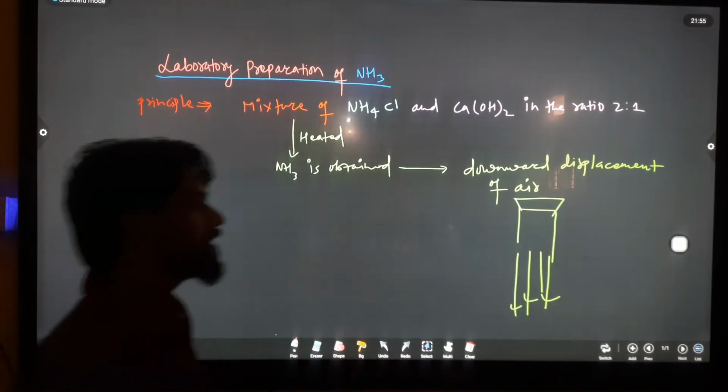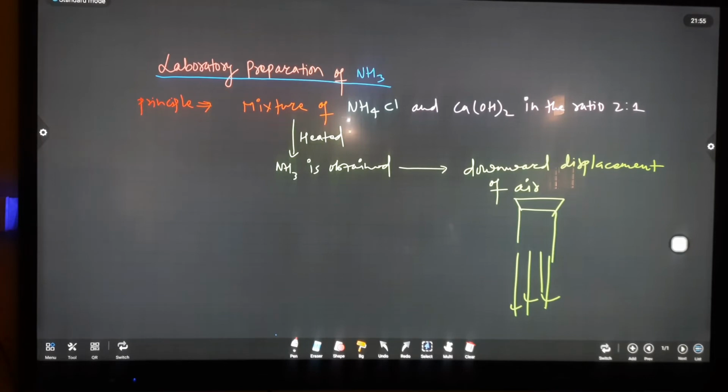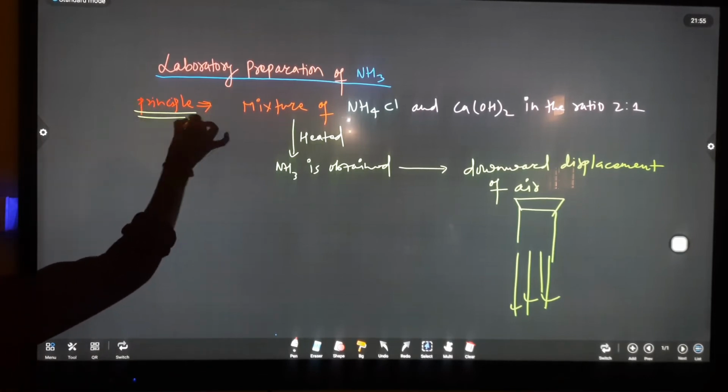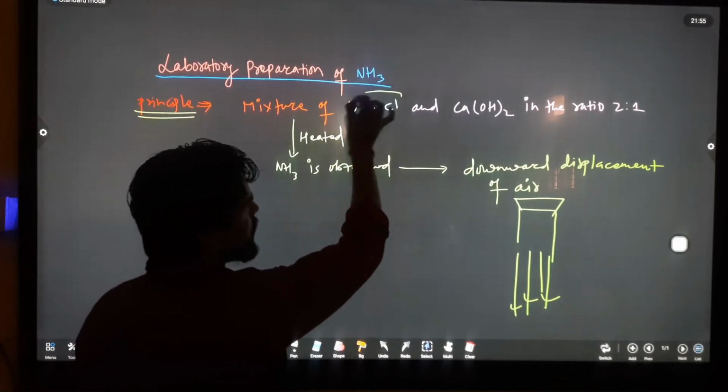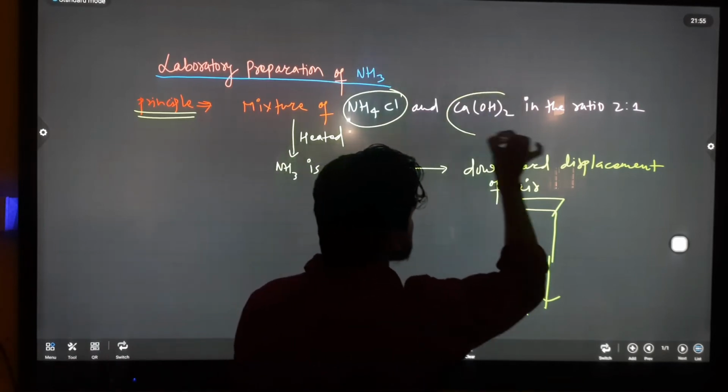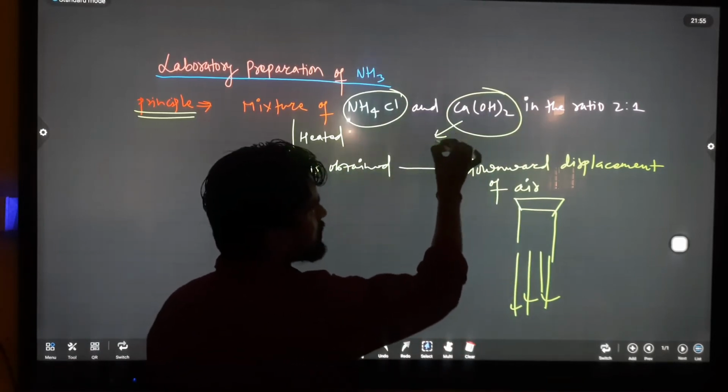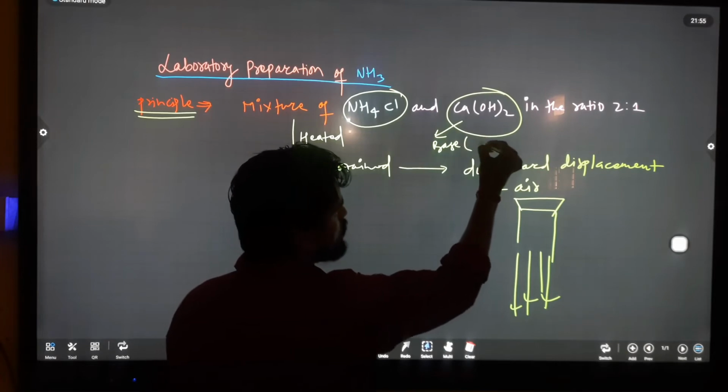So it is called downward displacement of air. We need two chemicals: ammonium chloride, NH4Cl, and calcium hydroxide, a base, also called lime water.